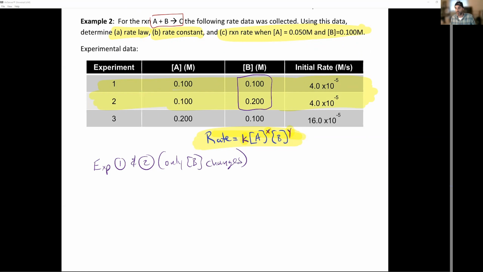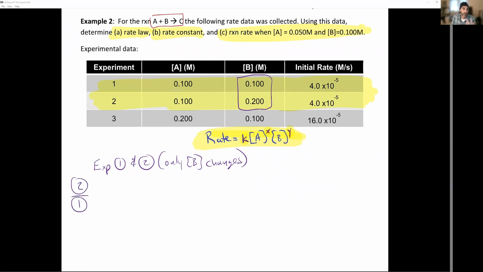If you're given more than 2, you always want to make sure that you're choosing ones where you have one variable changing at a time. You're not allowed to evaluate 2 variables at a time because this method won't work. We're always going to take the bigger numbers, so experiment 2 is a little bit bigger. So I'm going to put experiment 2 over experiment 1.